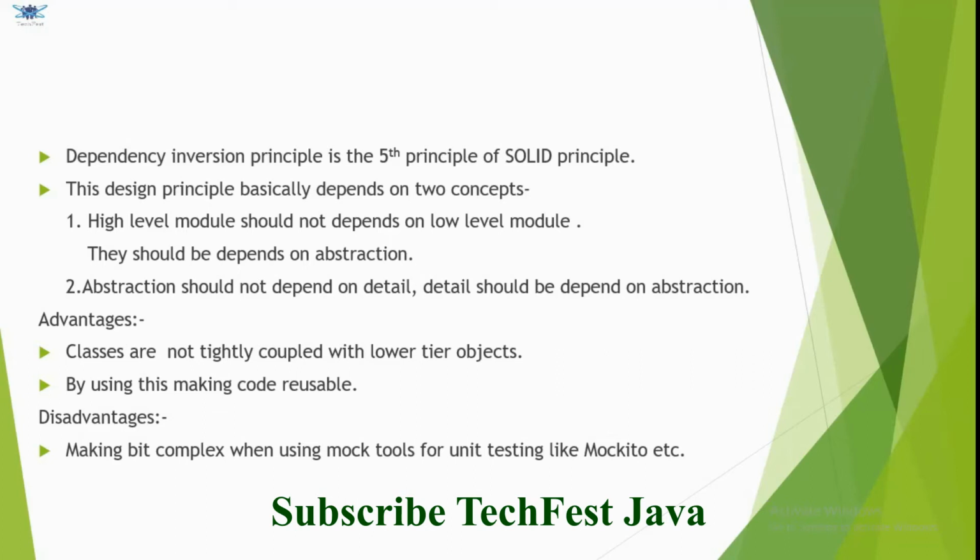There are advantages and disadvantages also. The advantage is that the class is basically not tightly coupled with the lower tier objects. So when we are defining the classes, there would be no tight coupling happening with the lower tier objects, and by using this we can make the code reusable.